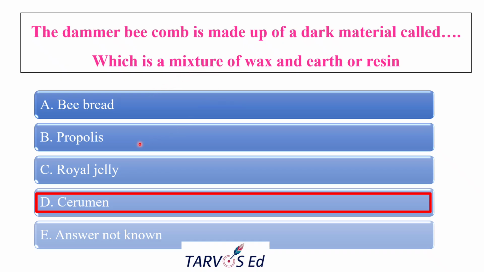Propolis is a resin-like substance collected from the trees. Royal jelly is a protein-rich substance secreted mainly by the nurse bees, the worker bees, and it is given to the young larvae as well as the queen. So these have no relevance to cerumen. The correct answer is cerumen.